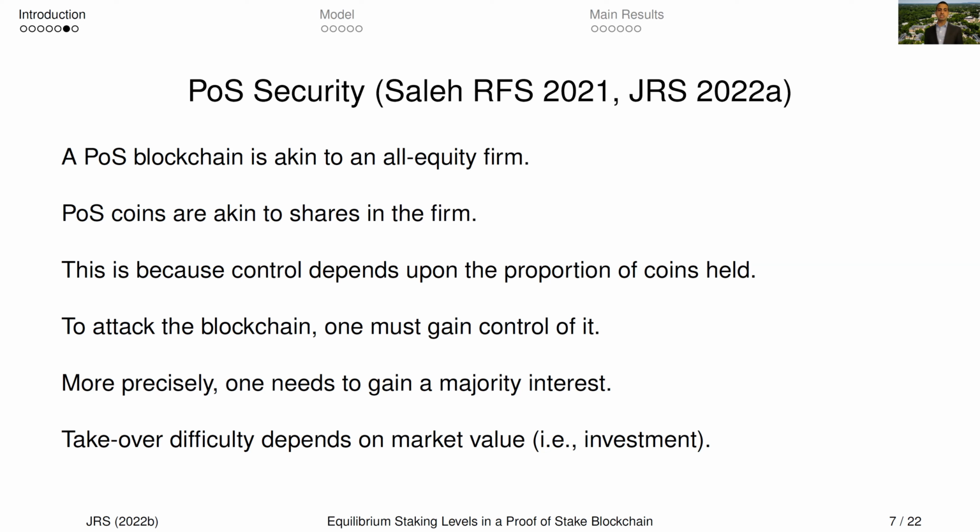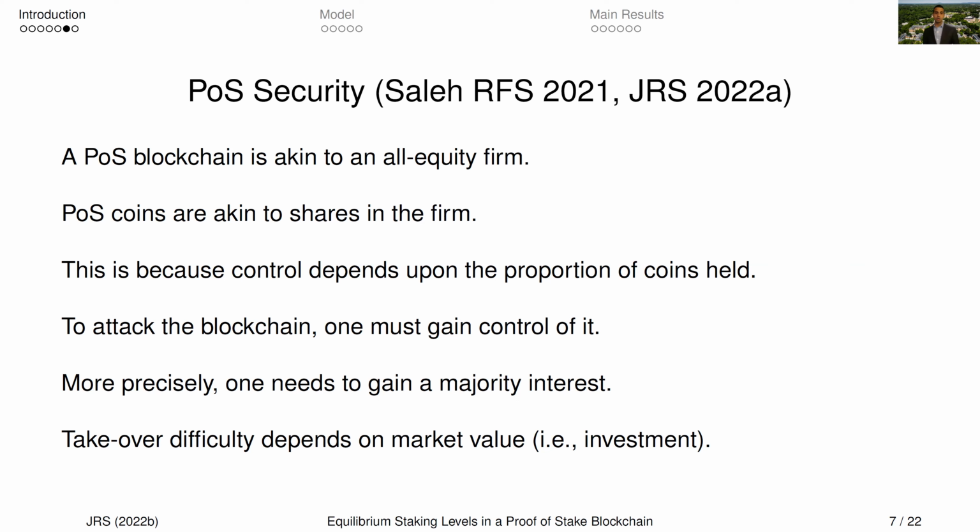Well, the protocol has to select that particular actor. And how does the proof of stake protocol select who gets to write on the ledger? It's on the basis of the proportional ownership of the native crypto asset. So one way to put it is that a malicious actor would need to gain a majority interest.